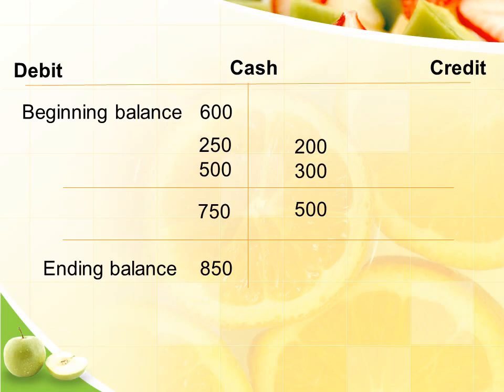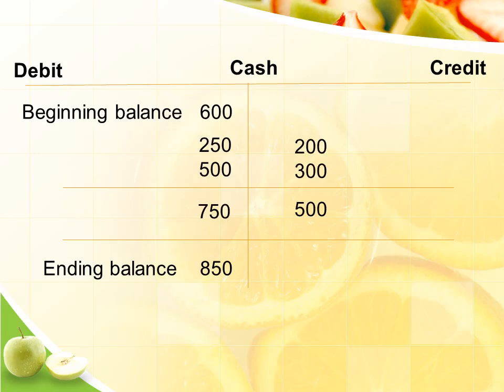For example, this is the T-account of the cash account. This T-account shows us that at the beginning of the period, cash has a debit balance of $600.